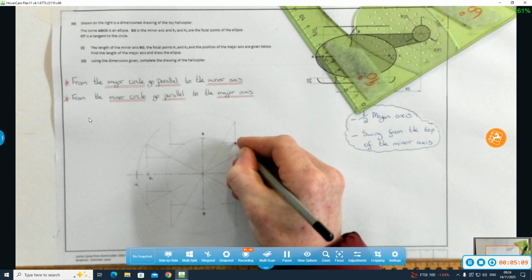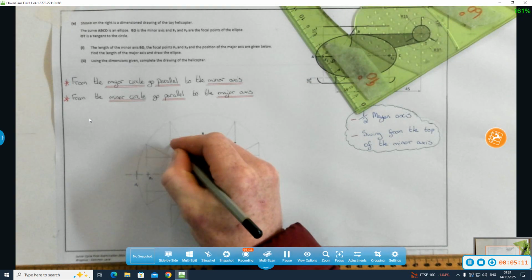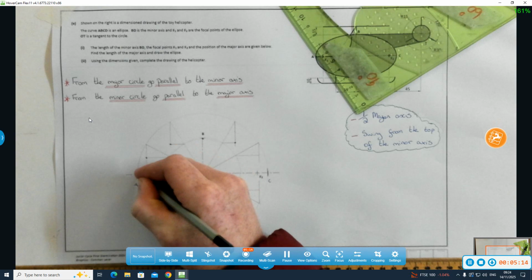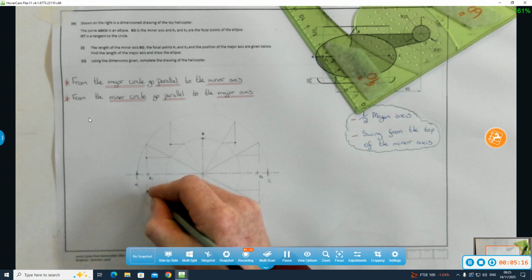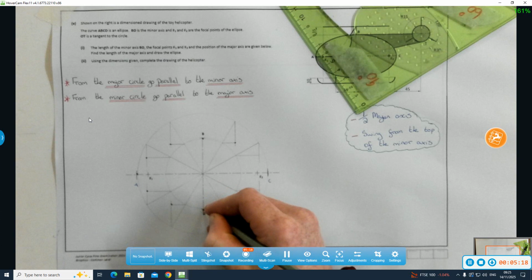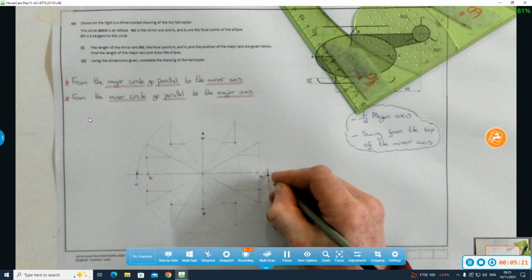All those corners there, as well as the top of the minor axis and the sides of the major axis, all the little dots there are points on our ellipse.